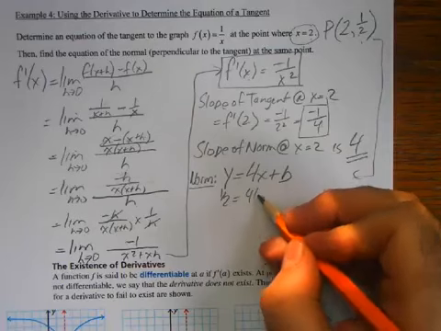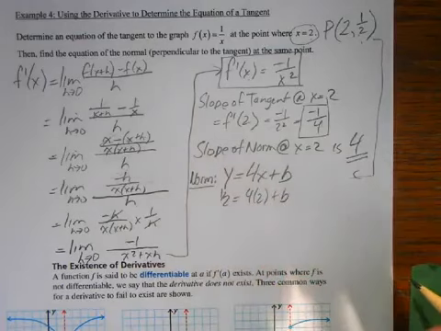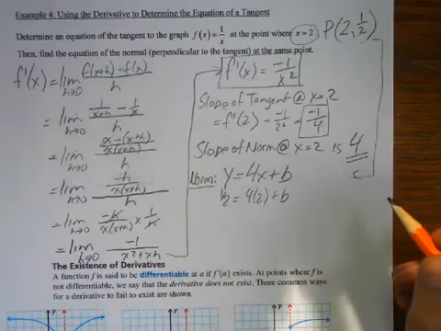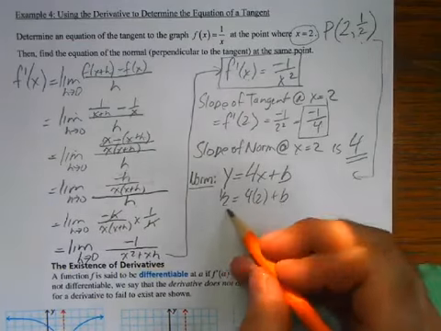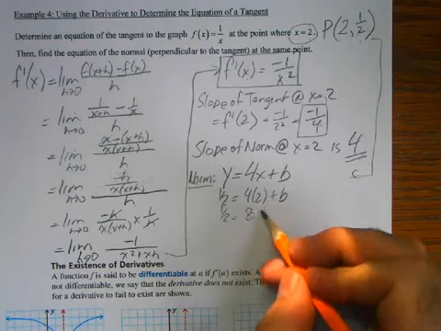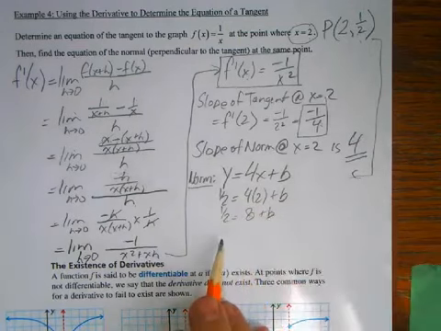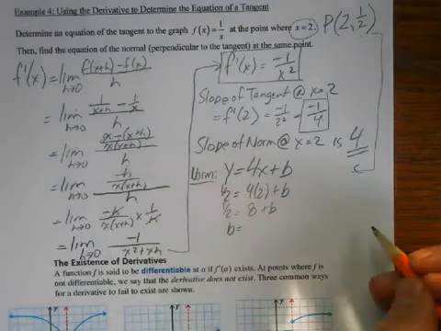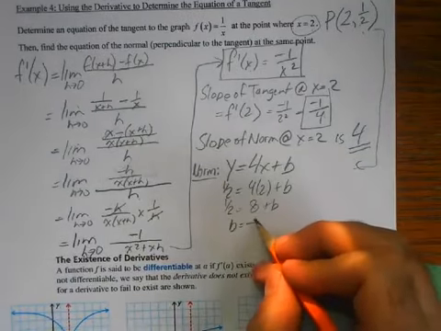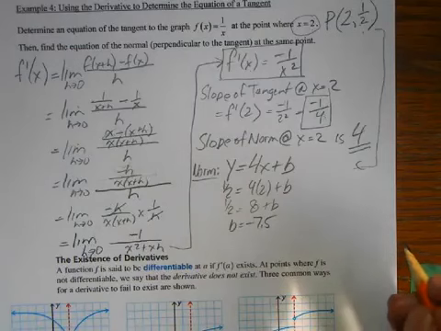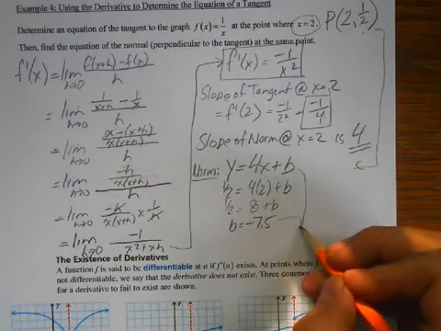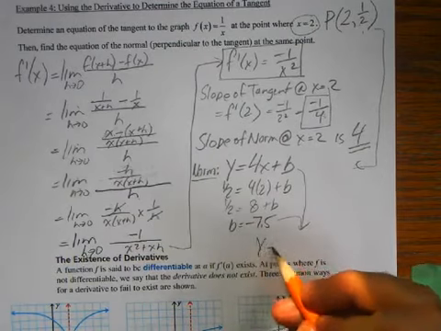So this works out. That's 1/2 is equal to 8 plus b. So b is equal to -8 plus 1/2, which is -7.5 or -15/2. And now we just use our original equation, y equals 4x plus b, so b is -7.5.